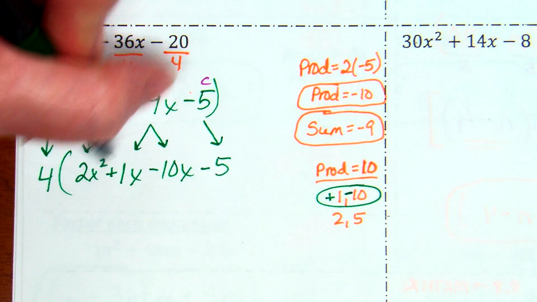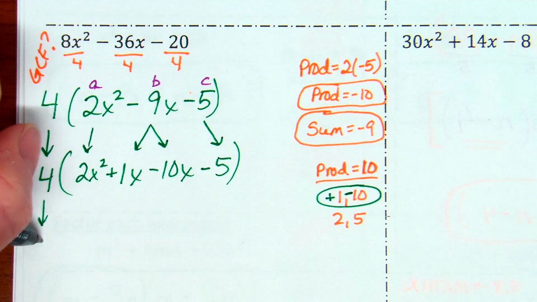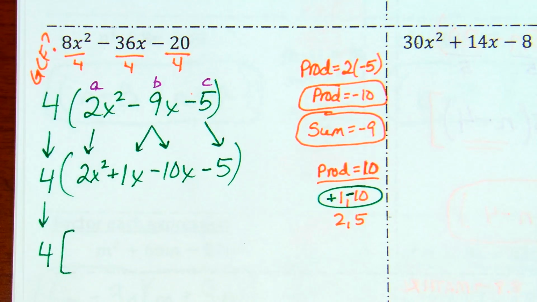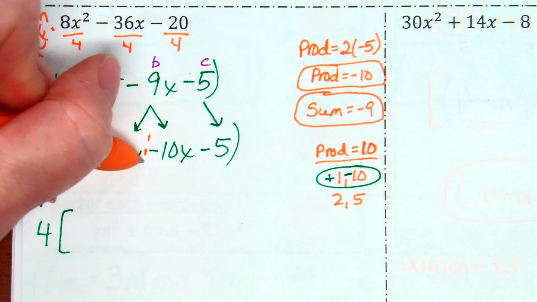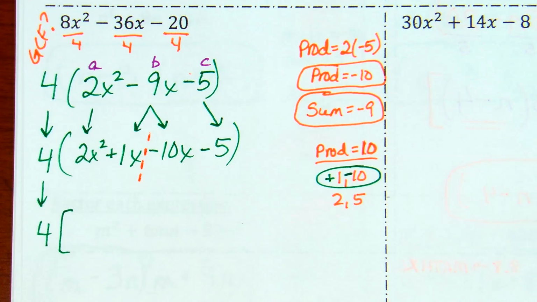Okay, there's 4 out front. Drop it down. I'm actually going to use brackets on this one. I already heard Mikhaili say split it in half. GCF of the first half. 1x.